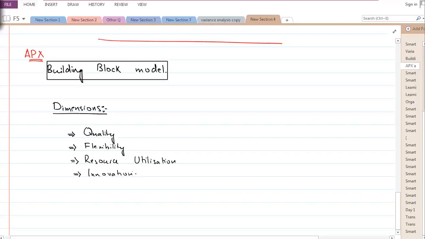Now remember, it's a 4-marker question, so we cannot explain everything here. We can simply write one line on the dimensions, that there are different ways of looking at performance. These 4 are called determinants.